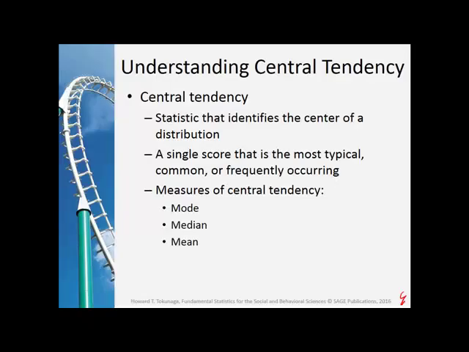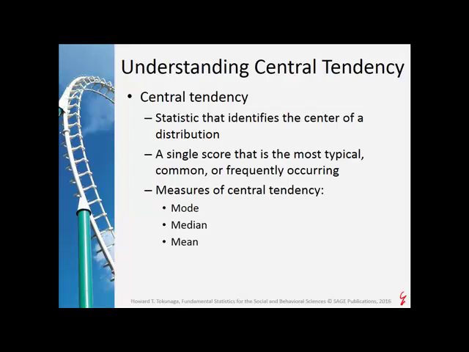The first type of statistic that we're going to talk about is known as a measure of central tendency. And this description kind of comes from the idea of a distribution of variables. So what is the most frequent, in thinking of that idea of central tendency, what are you typically probably going to see?